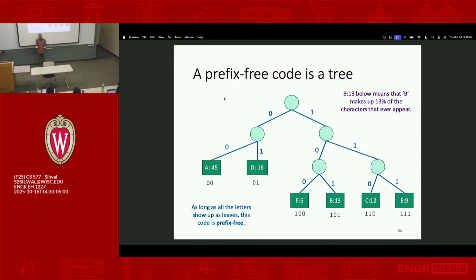That would be bad for coding purposes, because if A was 0, 0, and B was 0, then you wouldn't know whether it's B, B, or A. That's why you need the prefix-free property, so that it's uniquely decodable. Just the fact that it's a tree makes it unique. If I see a bunch of zeros and ones, I know exactly what the letters are, because nothing is sharing a prefix with anything else.